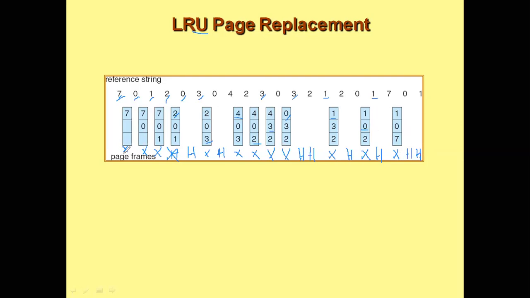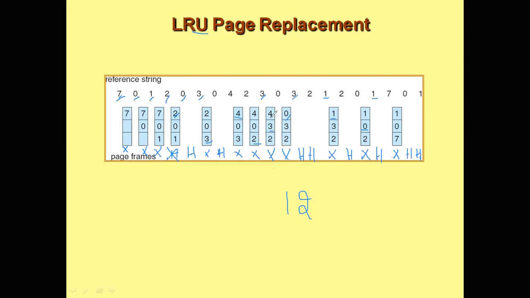If you count the page faults, we have 12 page faults. This is how you find out the number of page hits and page faults.